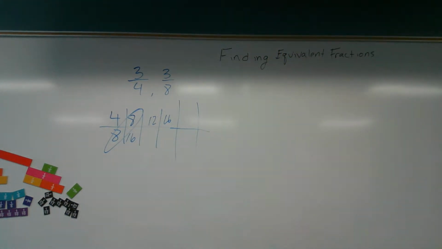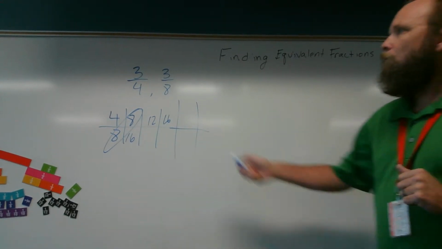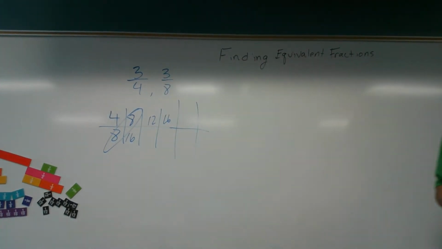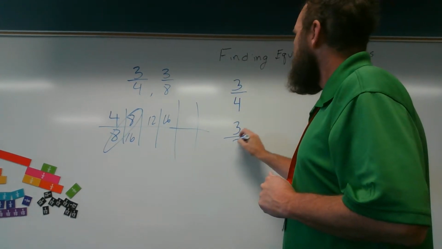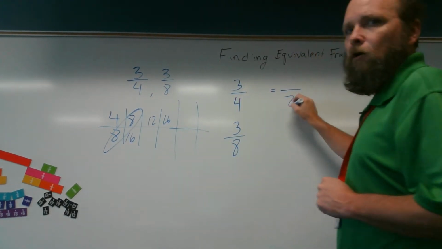Make sure you're writing these notes down. Then, once we have our common denominator, which we have found is 8, we change each of these fractions into something over 8.